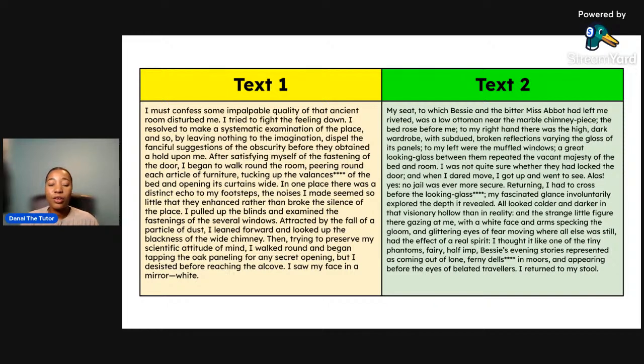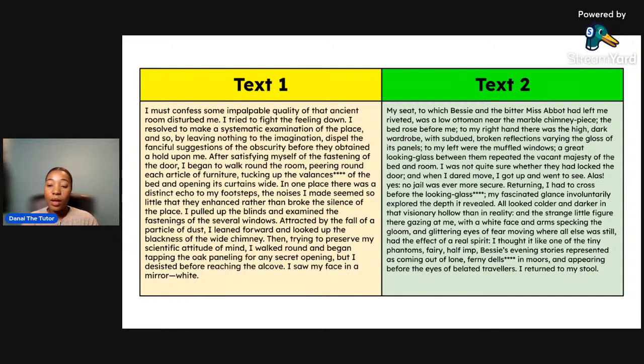If not, you can just focus on what we've read so far. Based on text 1, how would you describe this unfamiliar setting? We know it's unfamiliar, but how else would you describe it? I'll give you a minute before we move on to reading text 2. How would you describe the setting as shown in text 1?